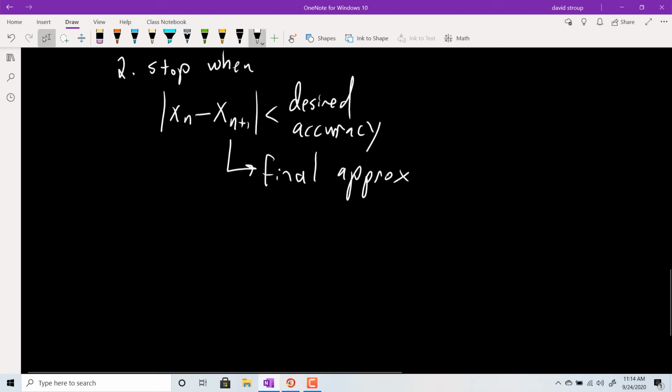Okay, so that's how you know when to stop. The first couple problems are just going to have you do the process, not necessarily stop somewhere. So in the first one, they just want you to complete 2 iterations of Newton's method.